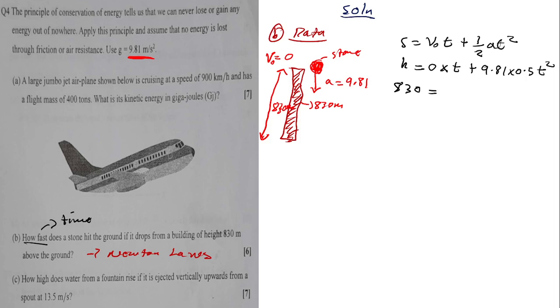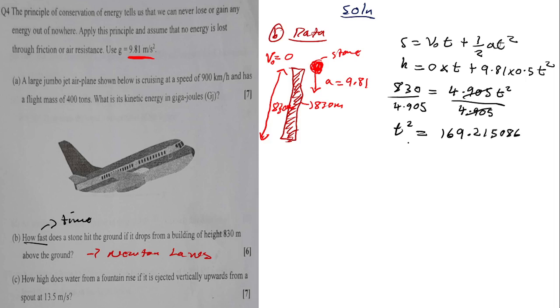So from there, you divide throughout by 4.905. So t squared is simply equal to 830 divided by 4.905. It's simply giving you 169.215086 and some other numbers there.